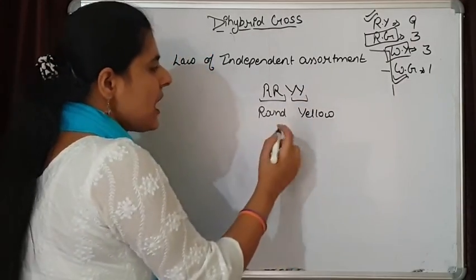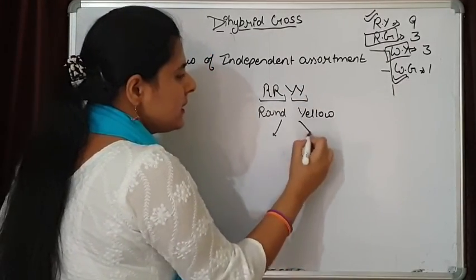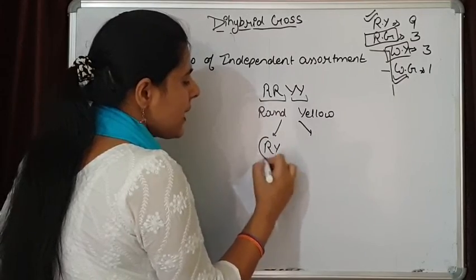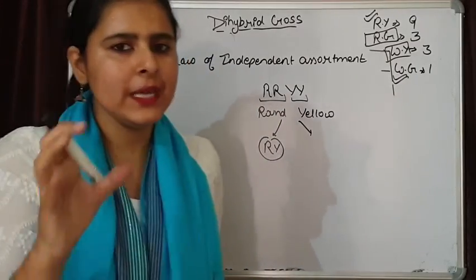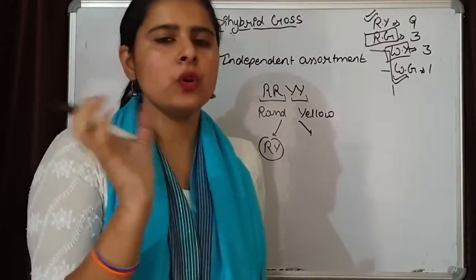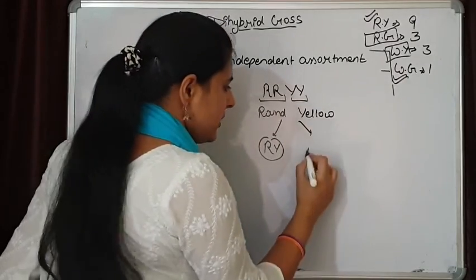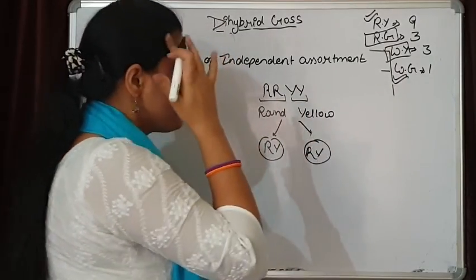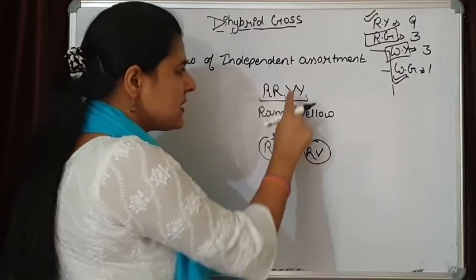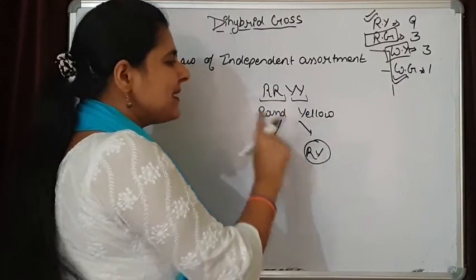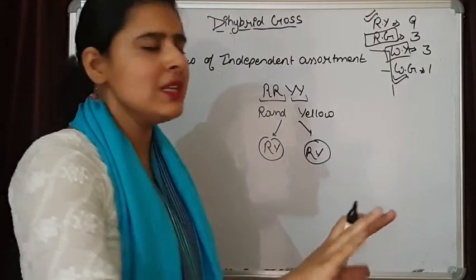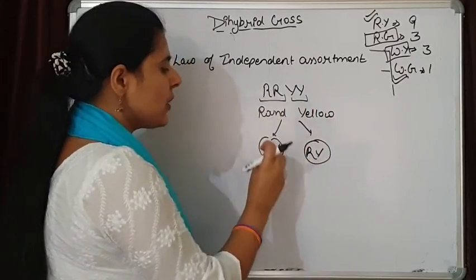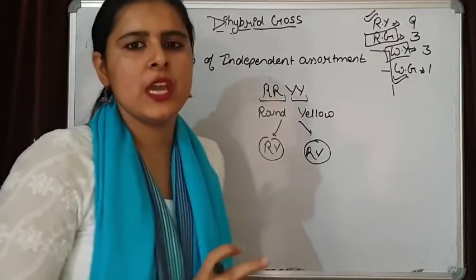And these genes are going to separate themselves at the time of gamete formation independently, and they are not affecting each other. During gamete formation, each gamete is going to receive one of the genes, but it is completely a matter of chance which one is going to be inherited in which gamete.